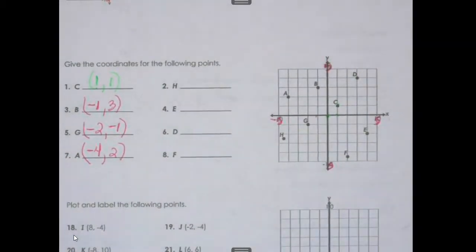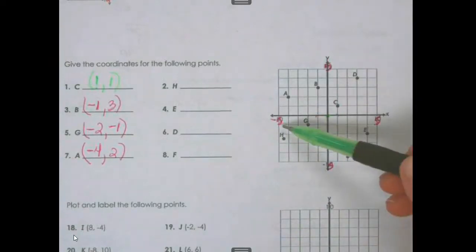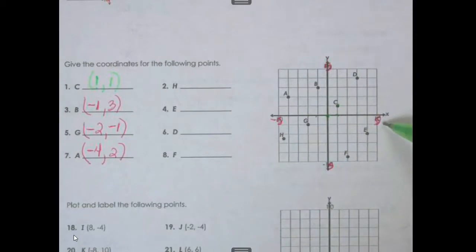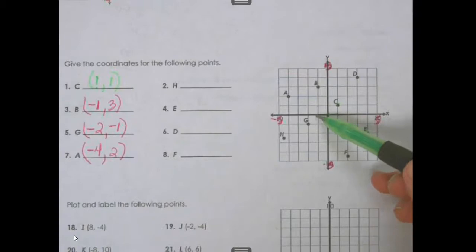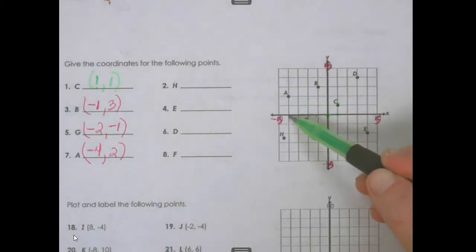Okay, I'm going to point out one thing that I did not notice, and I need you to change on your paper. On the end, it had -10, 10, 10, 10. Change those to 5s. So H. 1, 2, 3, 4.